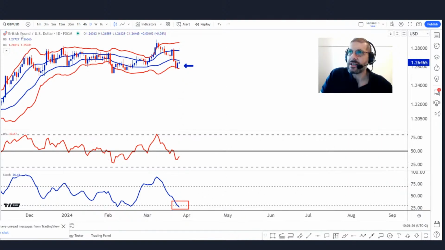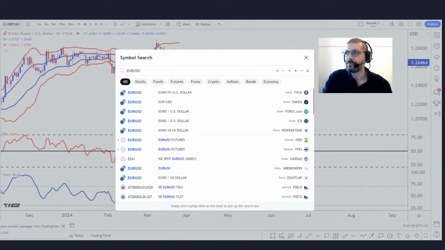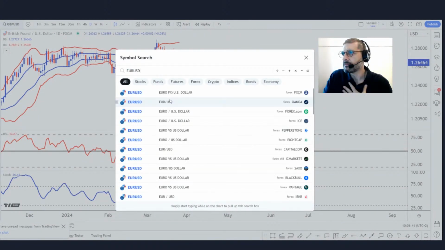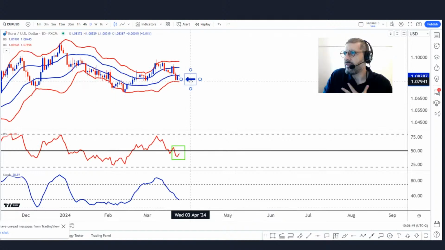Let's take a look at euro as well, see perhaps if that's lining up. Euro is also in zone 3. Just take a look at the stochastic.